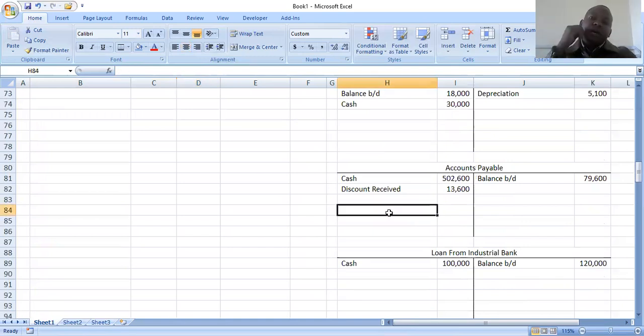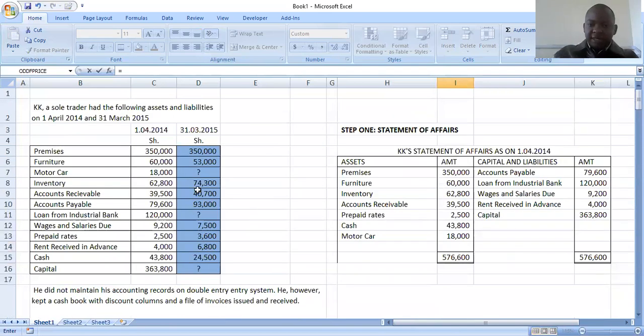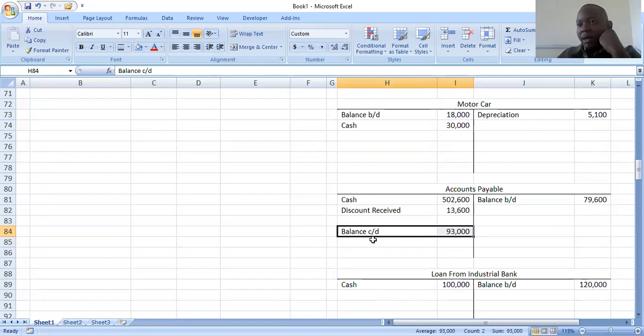A credit balance will always be on the debit side when closing, so we show the balance carried down for accounts payable, and the amount is 9,300. A credit balance at the end of the period should always appear on the debit side of the account.